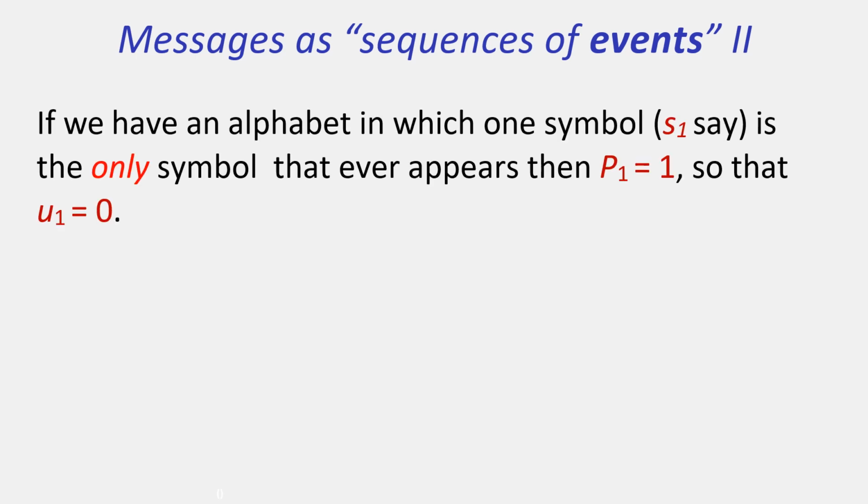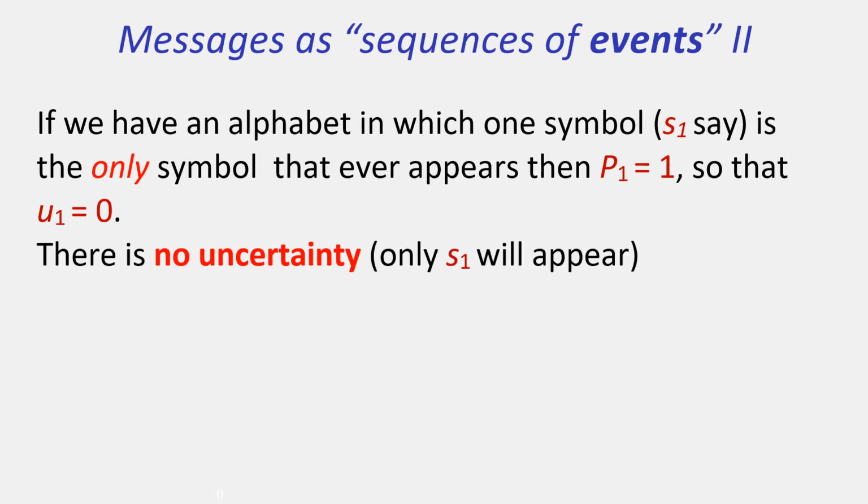If we have a rather tedious alphabet, which only contains one symbol, S sub 1, then that is the only symbol that's ever going to appear. So the probability of seeing it is 1. The uncertainty, minus 1 times log to the base 2 of 1, is 0.